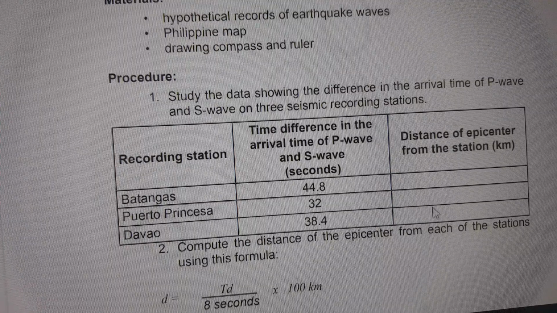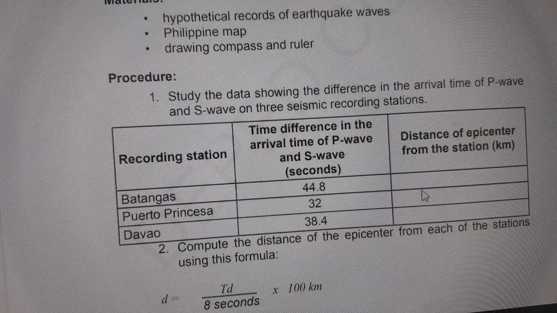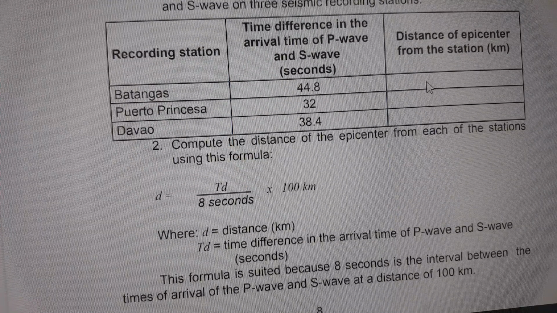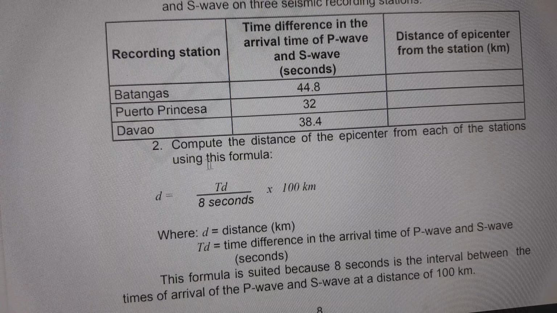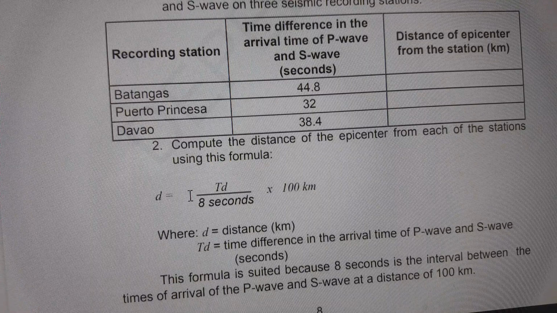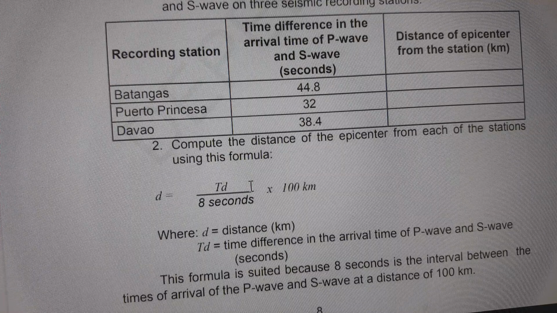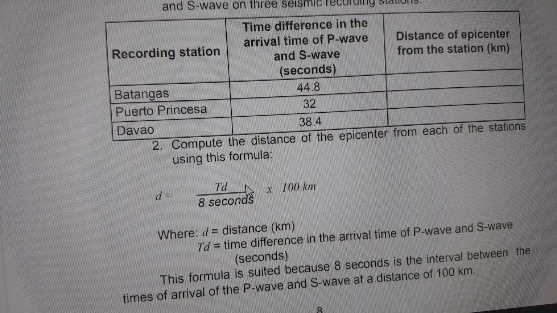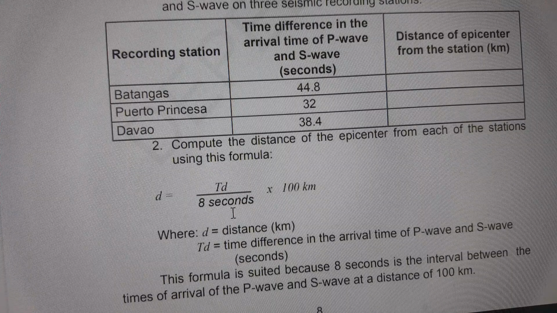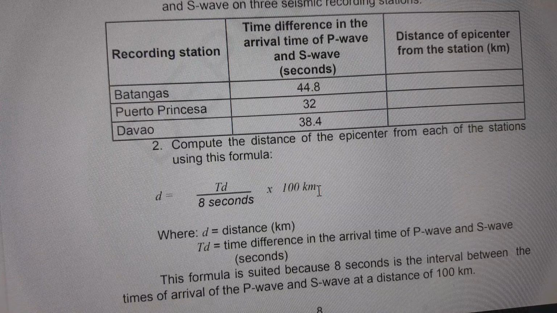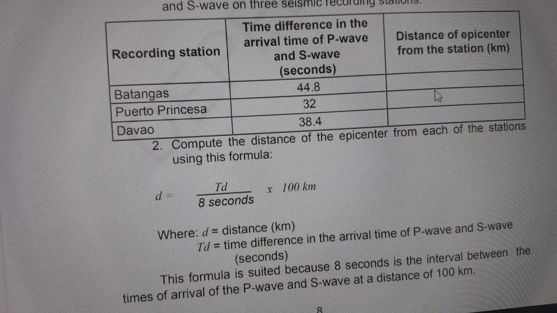How will you get this distance or the answer for this one? Using this formula. Okay, distance is equal to time multiplied by the distance divided by 8 seconds multiplied by 100 kilometers, and that will be the distance.